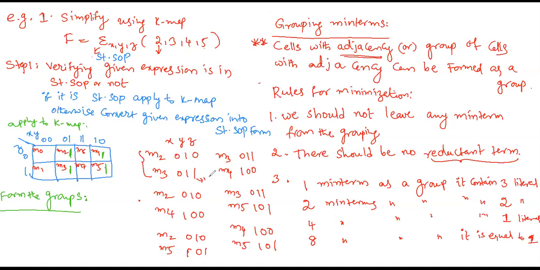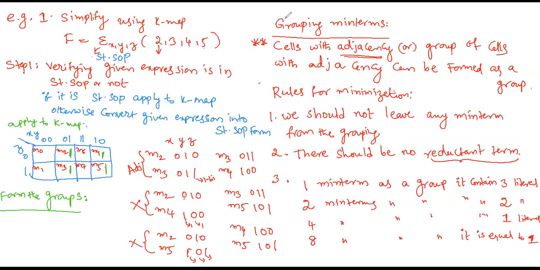So one bit is differing, so adjacent. You can make a combination. M2, M4: X value M2 is 0, M4 is 1; 1, 0. Two bits are changed, so these are not adjacent. Next M2, M5: 0, 1, 0 and 1, 0, 1. 3 bits change, so these are not adjacent.